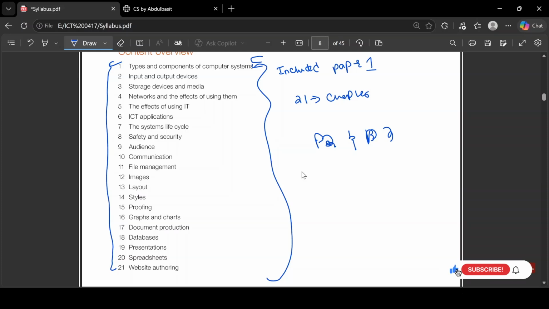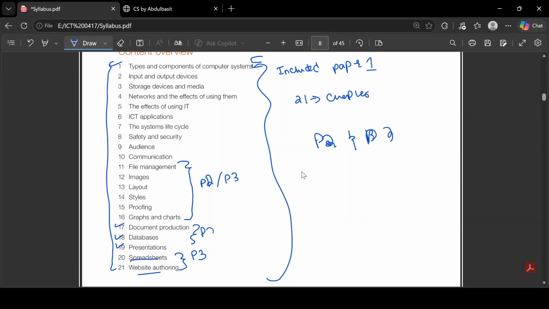It would be smart work to focus on the main topics for paper 2, which were 17, 18, and 19. But you have to understand these topics also for paper 1. If we talk about paper 3, we have only two chapters, the spreadsheet and the website authoring. So these are for paper 3, these are for paper 2, and this whole is for paper 1.